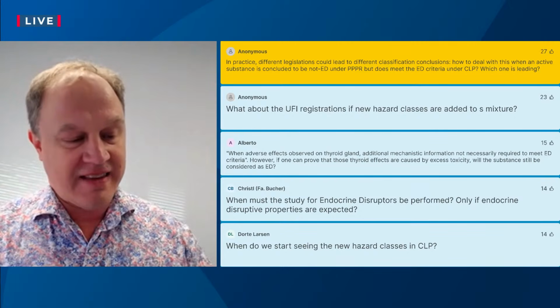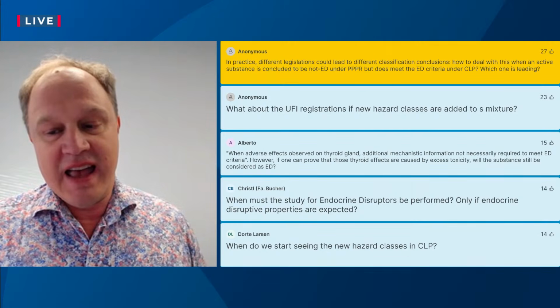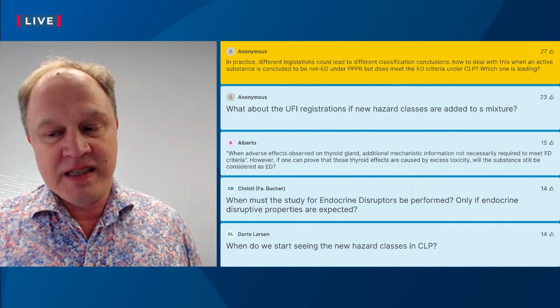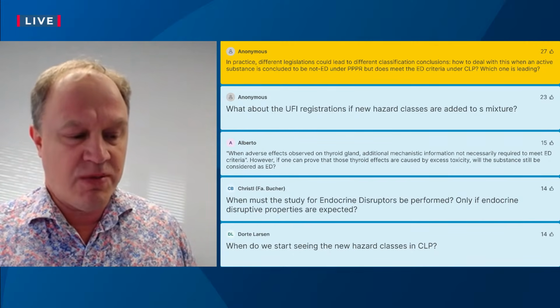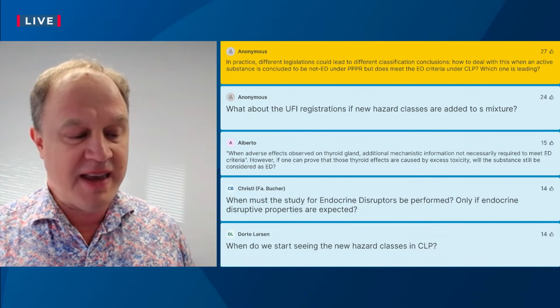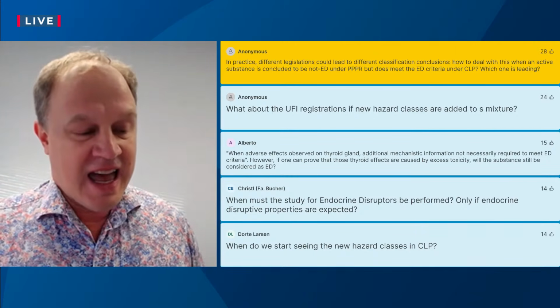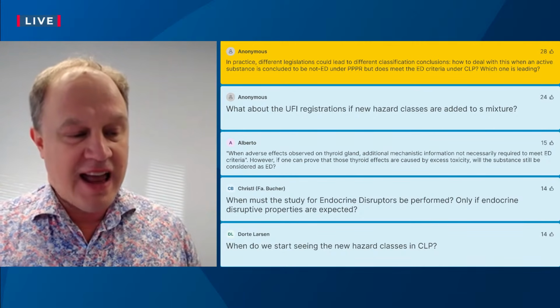I think that's one thing. And then also, if EFSA has concluded not ED for a substance with a complete data set and new information later occurs that makes it an ED, I guess that in theory could happen, but I would consider that fairly unlikely.